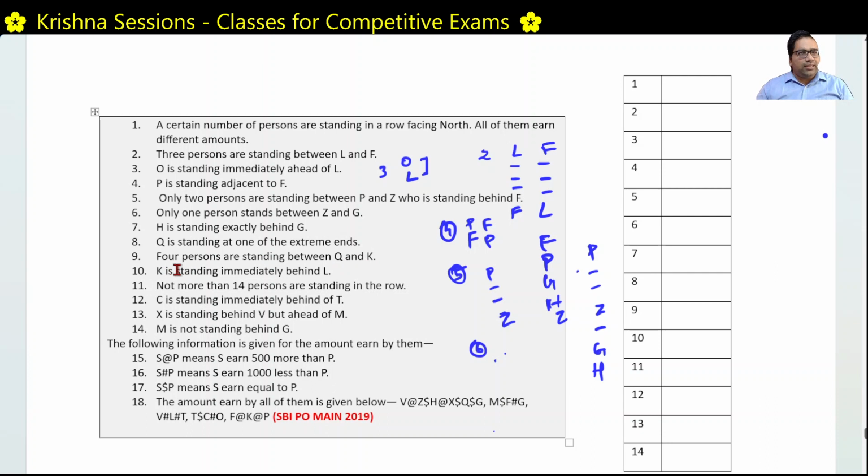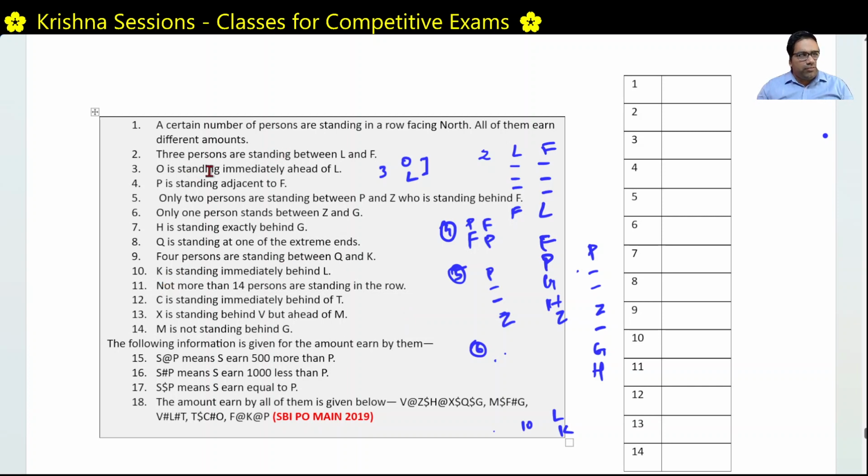K is standing immediately behind L. What does that mean? As per condition number 10, there is L, there is K immediately. K is standing immediately behind L, not more than that.